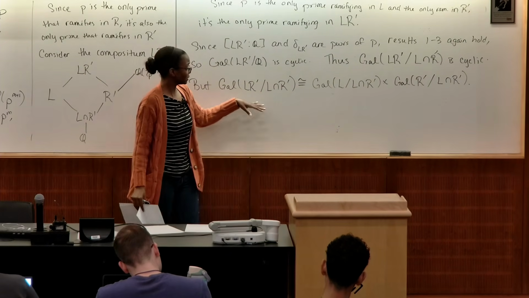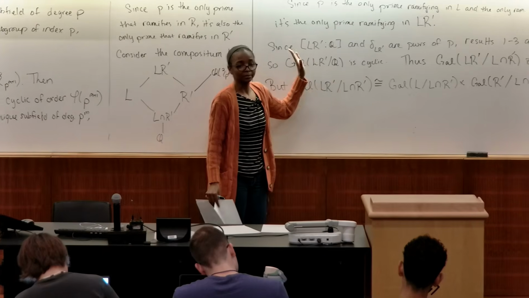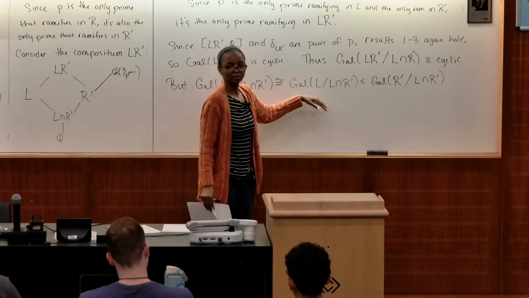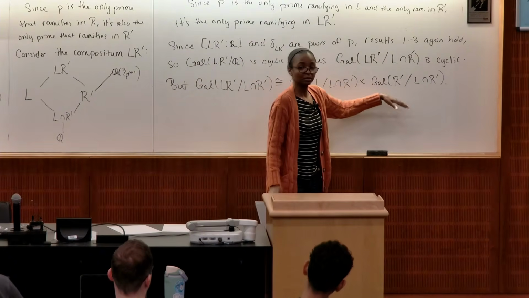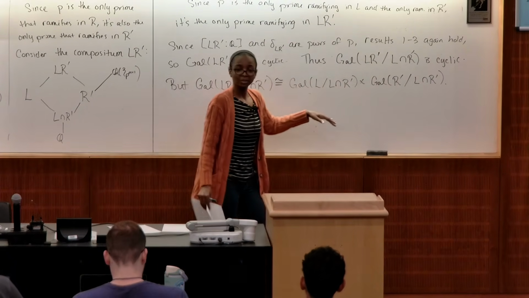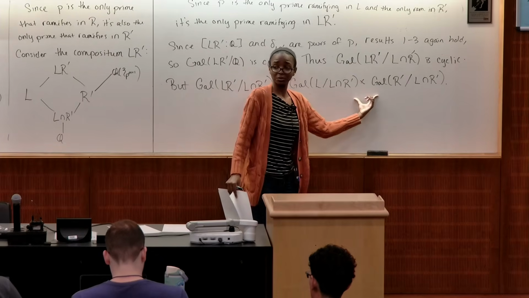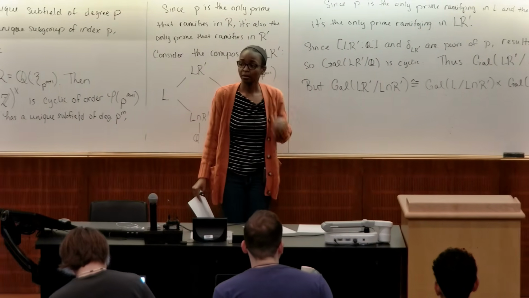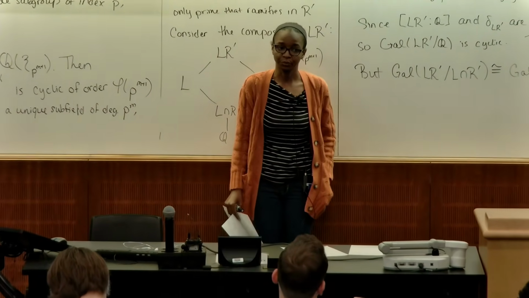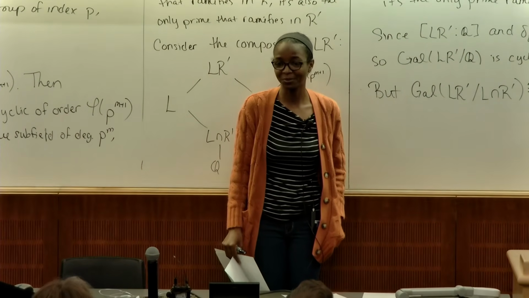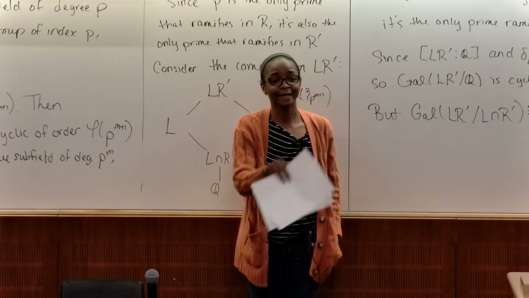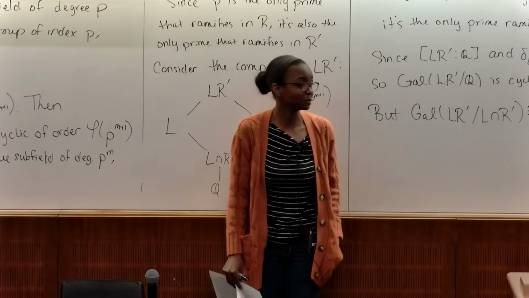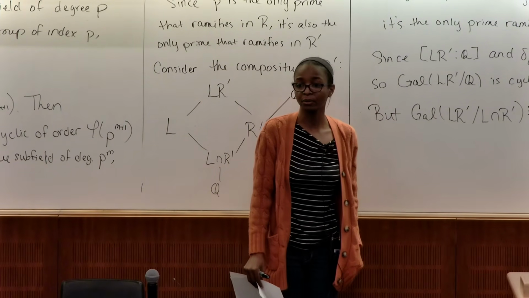So if I give you something, its order is p to some a. This is of order p to some b. And I'm telling you, I took these two p groups, I took a product, and I got something cyclic. Something has to be true. Does anyone remember their group theory? Yeah. One of them has to be trivial. They cannot both be non-trivial groups of order a power of p.